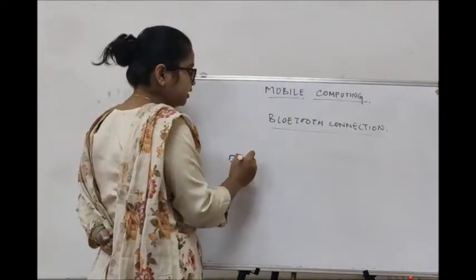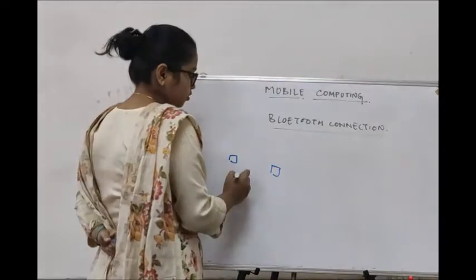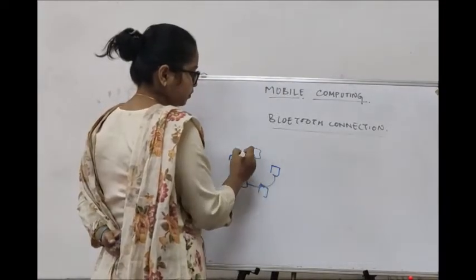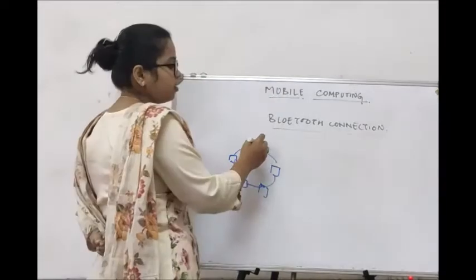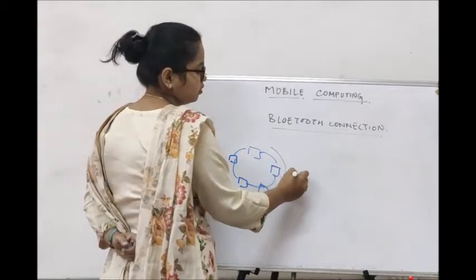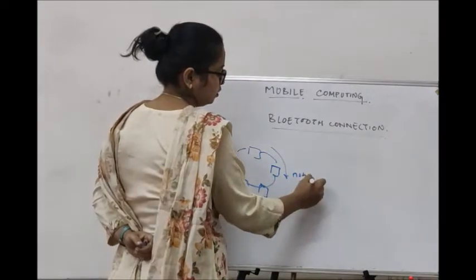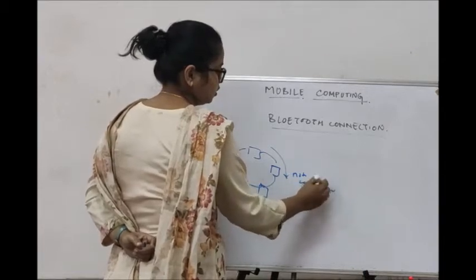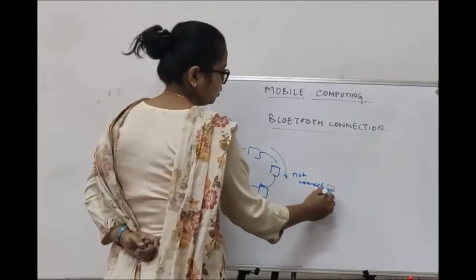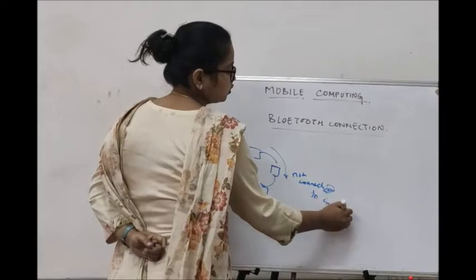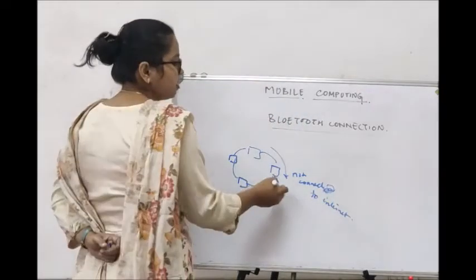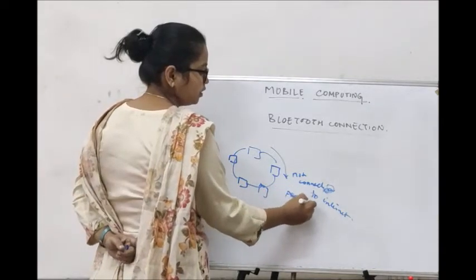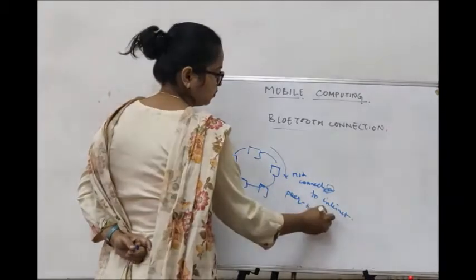There is a dedicated point-to-point connection. This is called an ad hoc network, which is not connected to the internet, that is, it is not connected to the world of networks. It is just a connection among itself. It is also a type of peer-to-peer connection.